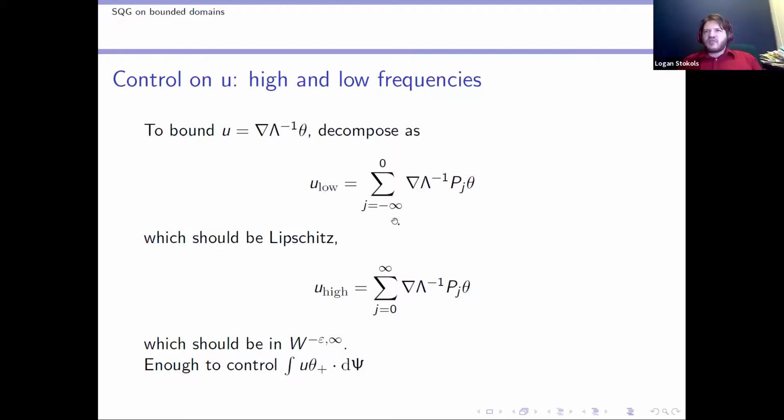And because of that, you should expect it to be Lipschitz. Similarly, you take the sum of the high frequency parts, and because it's a sum of the Riesz transforms of high frequency things, you expect it to be not smooth but integrable, which is equivalently, if you take off a little bit of derivative, it ends up in L infinity.